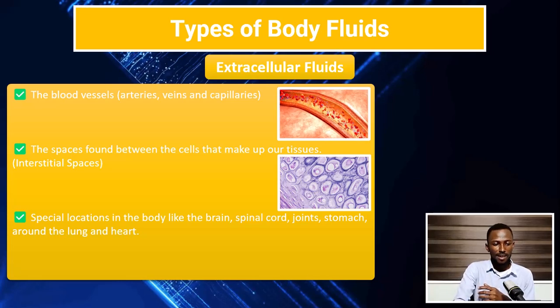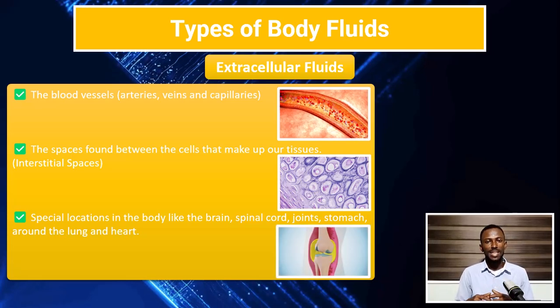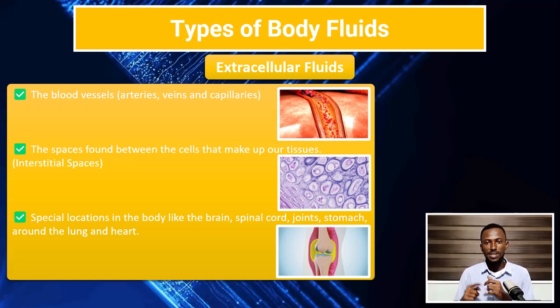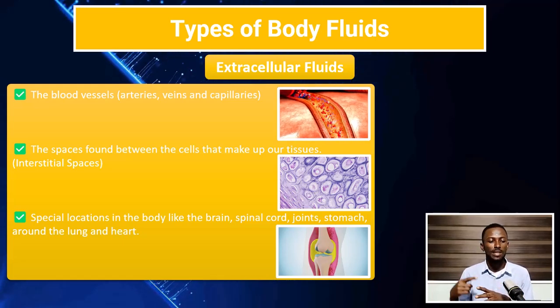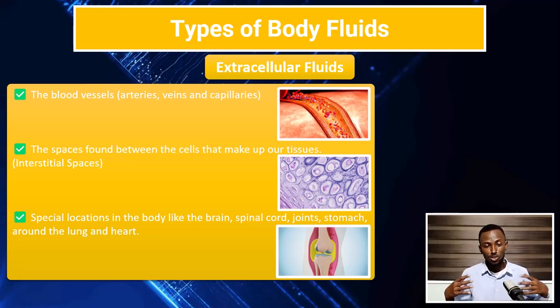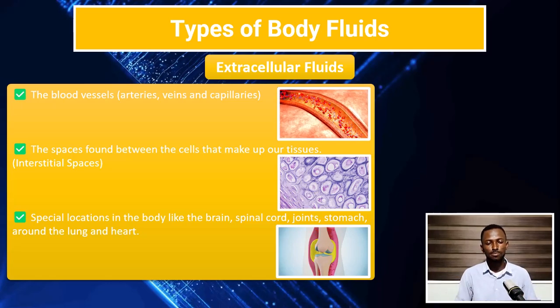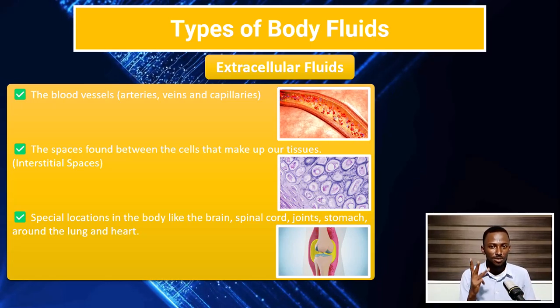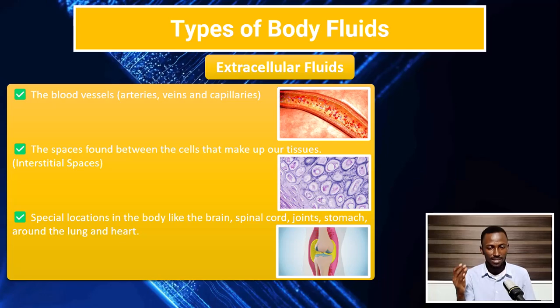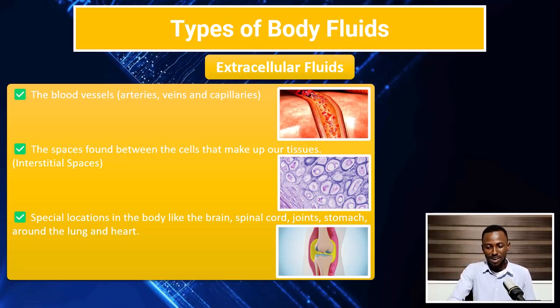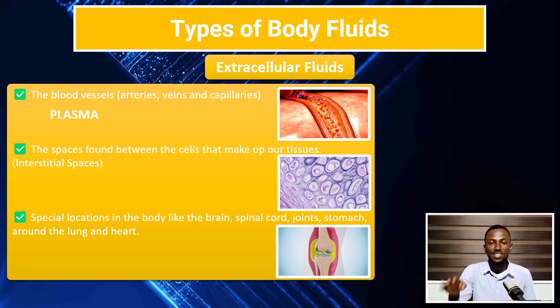Then we have the last one, that are specialized spaces that store fluids like the brain, the spinal cord, the joint, the stomach, the lungs, the heart. These are also specialized spaces for storing body fluids. That means we have three types of spaces that fall under extracellular compartments, meaning we also have three types of extracellular fluids.